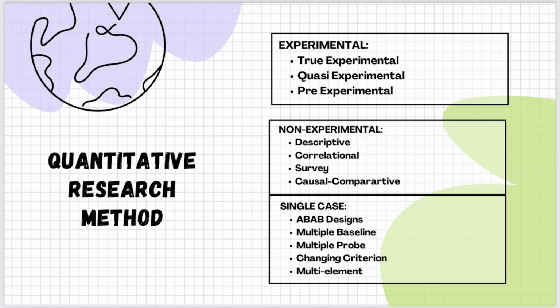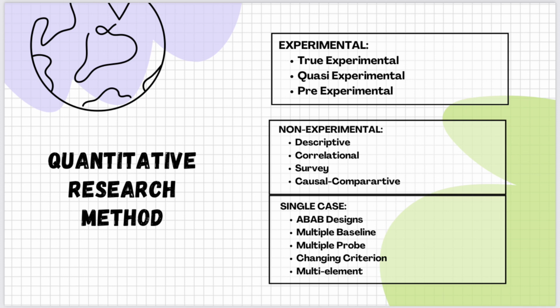And now the non-experimental research. Non-experimental research is a type of research design that is based on observation and measuring instead of experimentation with randomly assigned participants. We got 4 here: descriptive, correlational, survey, and causal comparative research.